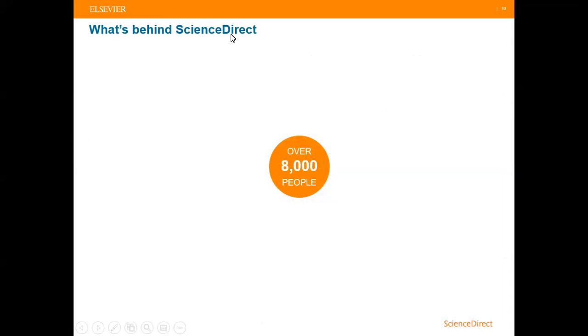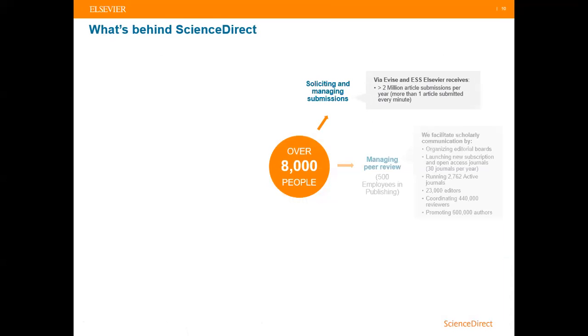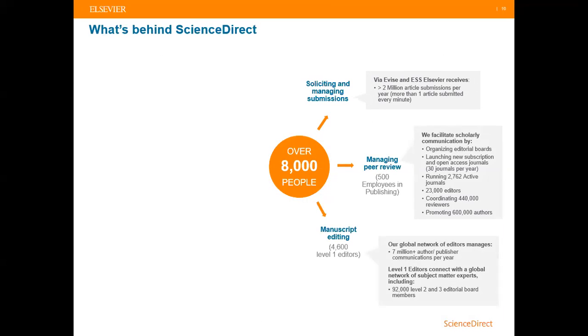In Elsevier, we have about 8,000 people. It's a large publishing organization that is responsible for attracting submissions and managing a network of editors that oversee selections and peer review.